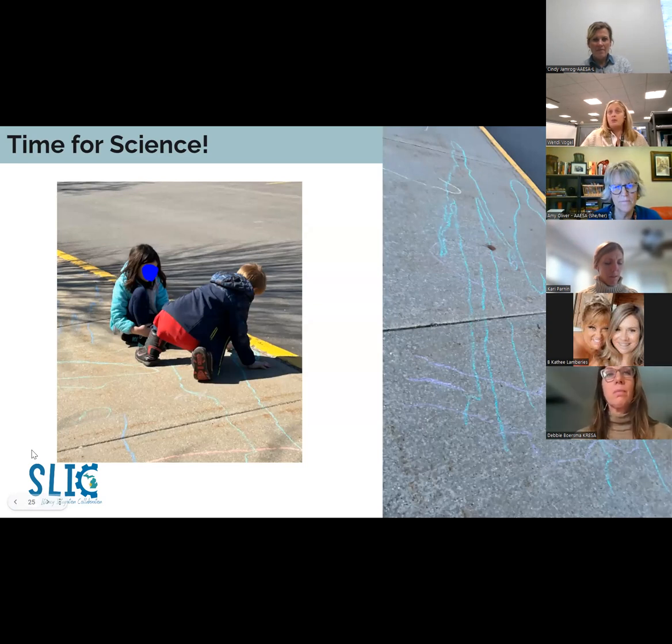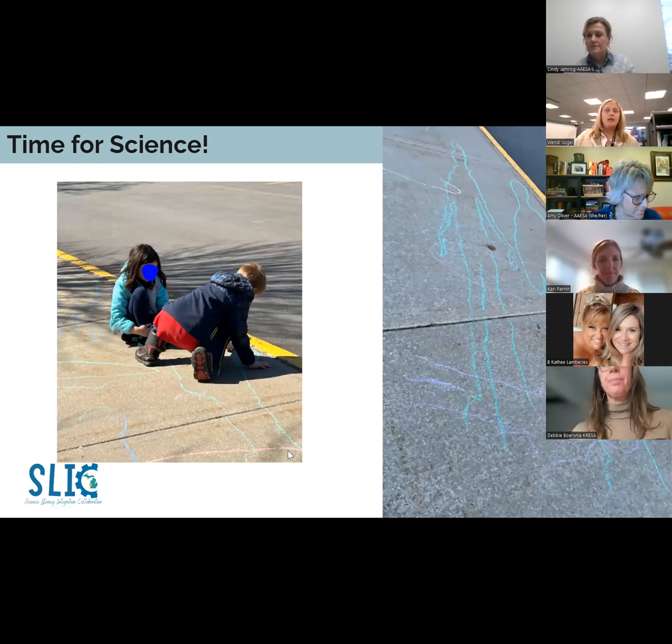So they went outside, they stayed inside, they looked at patterns, and they had some night observations to do at home. You can see the kids drawing their shadows at different times of the day in this unit: morning, afternoon, and night, so they can see how the shadow patterns change throughout the day.